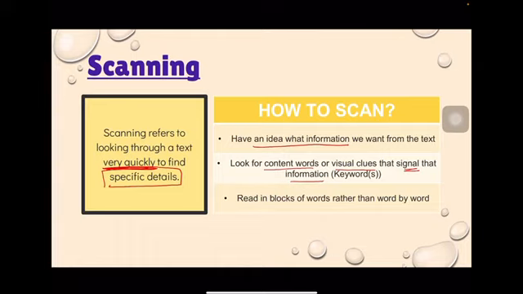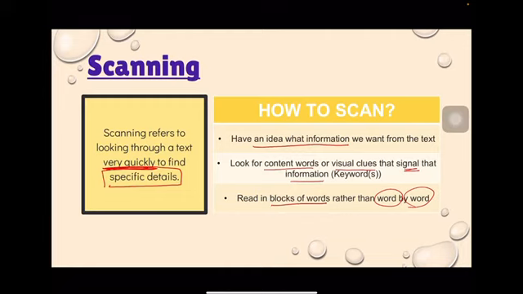Something that can write. So I read the thing as a whole block of words rather than word by word. You know that is a pen. So the keyword has to be read in blocks of words rather than word by word. Yeah? That is how we do scanning.